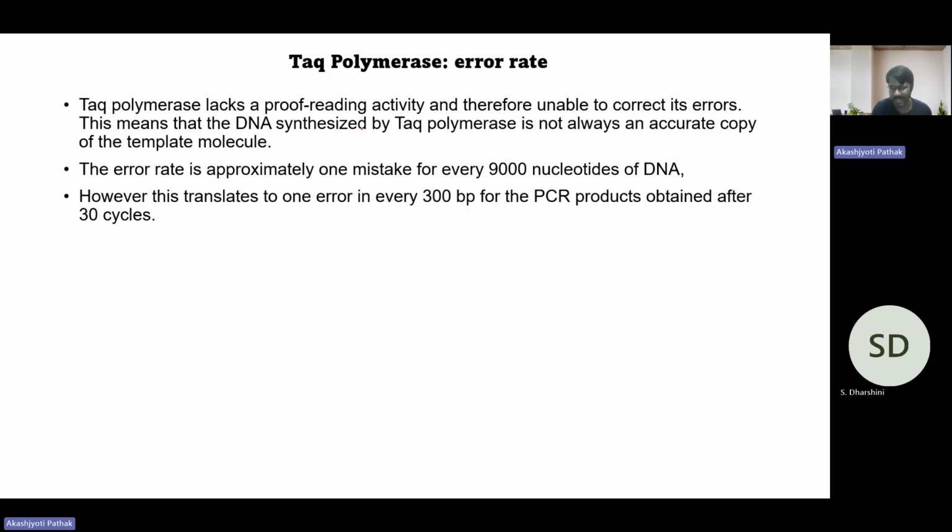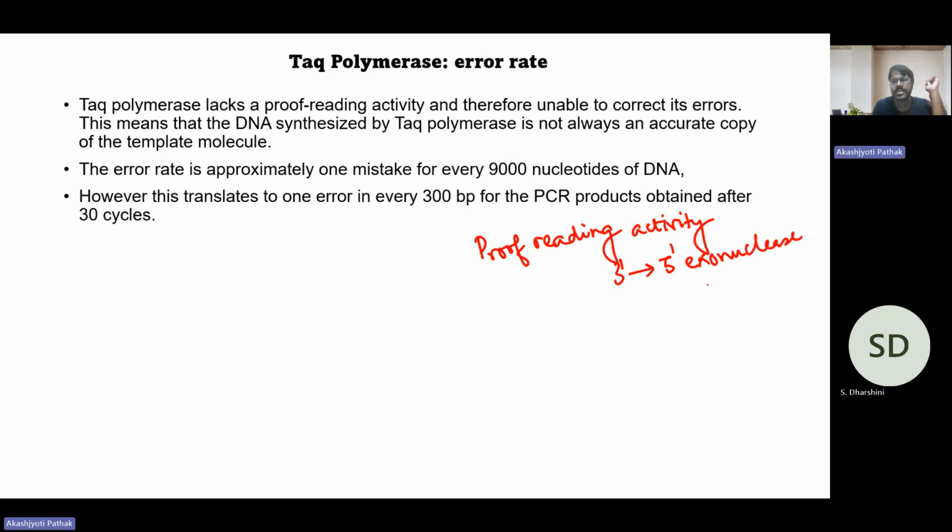So any enzyme, if you have read about the polymerase enzymes, DNA polymerase 1, 2, 3, and this replication process, then you will know that these polymerase enzymes have a proofreading activity. So this proofreading activity of any enzyme is conferred by which property? Proofreading activity by the 3' to 5' exonuclease activity.